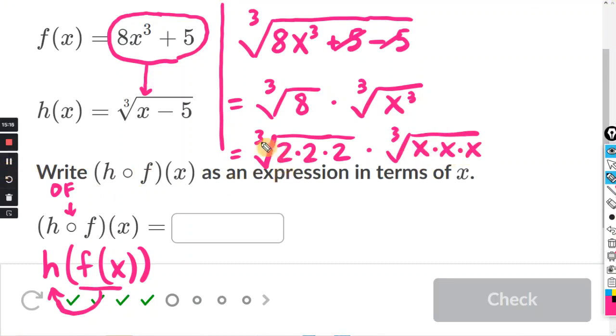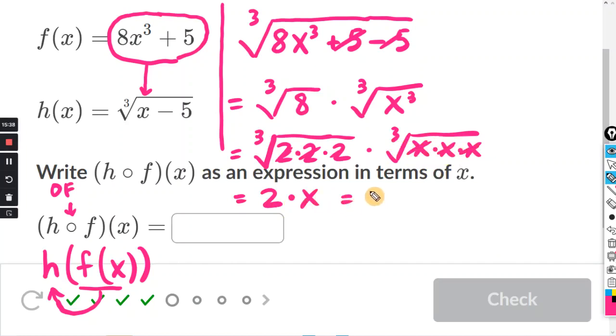Since it's a cube root, or the third root, you cancel the number that repeats 3 times. I have three 2's here, so I can cancel the three 2's and pull one outside of the radical symbol. And here we have three x's multiplied, so I can cancel the three x's and pull that outside of the radical symbol.